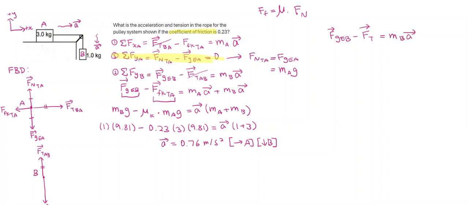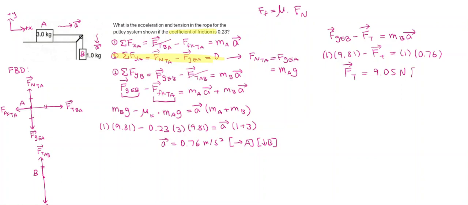And now, just like before, you just plug in values. So it's going to be 1 times 9.81 minus force of tension equals 1 times 0.76. And you should get 9.05 newtons.